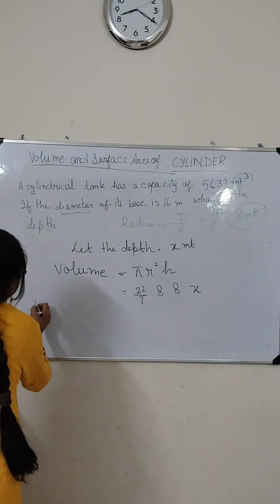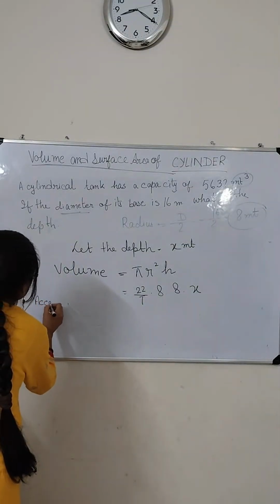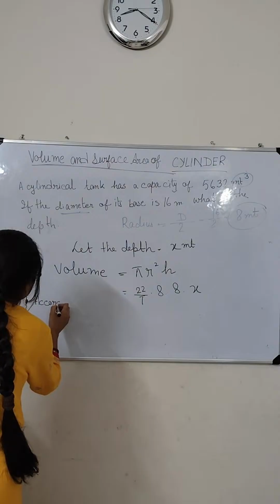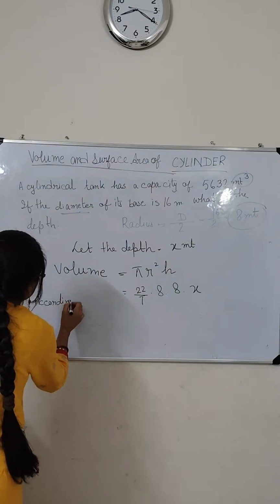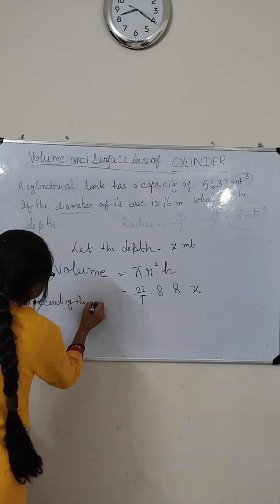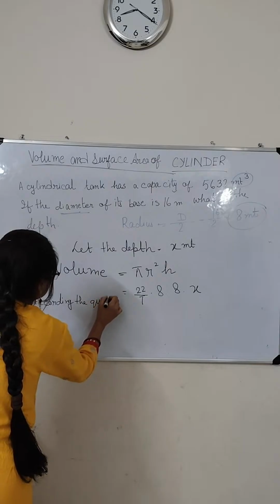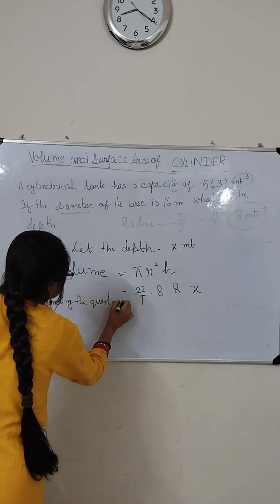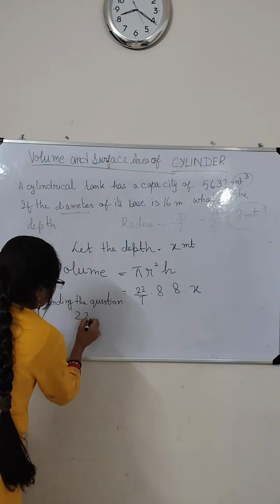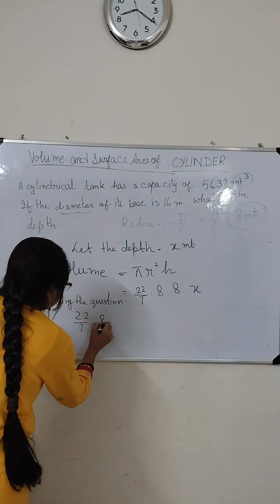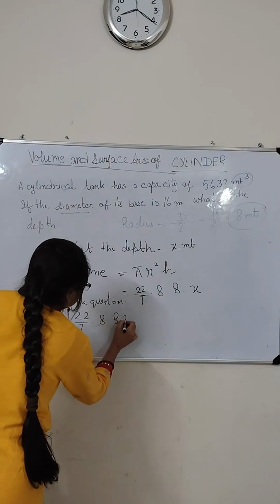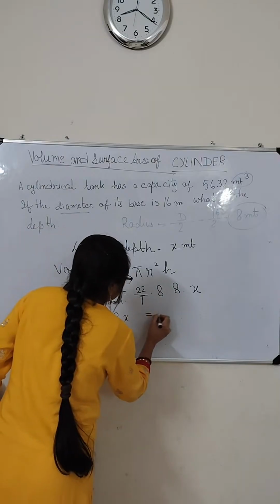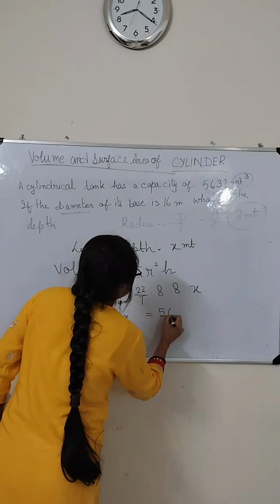So I write (22 by 7), 8 into 8 into x is equal to 5632.